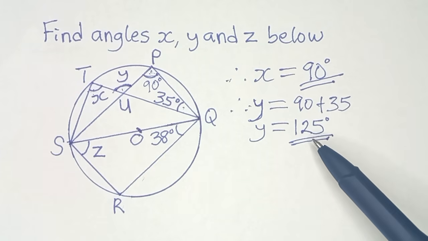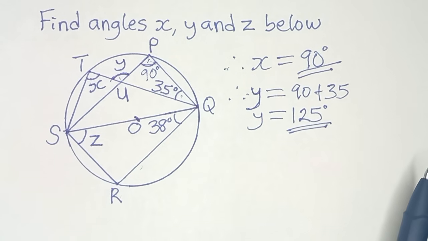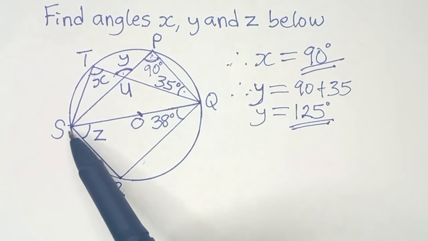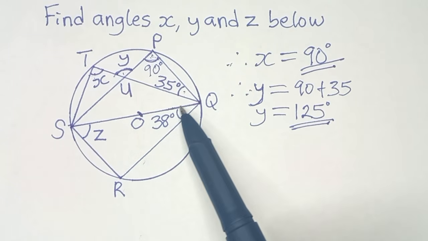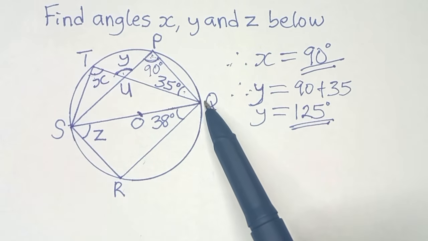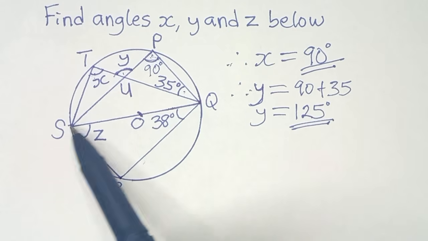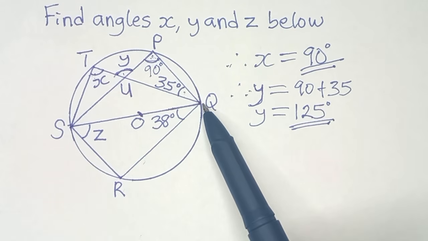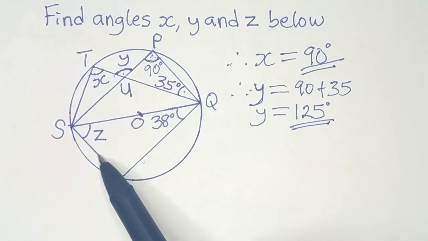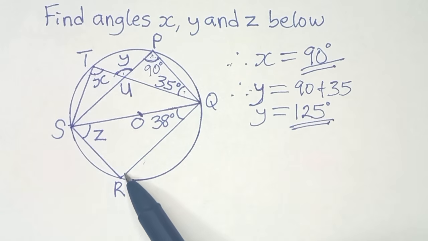So we have the value of angle X as 90, and angle Y as 125 degrees. To obtain the value of angle Z is also very simple. Again, if you look at this diameter line, you can see that it has formed three triangles with the semicircle theorem. SQ is the diameter line, and now we can trace another triangle that it forms.